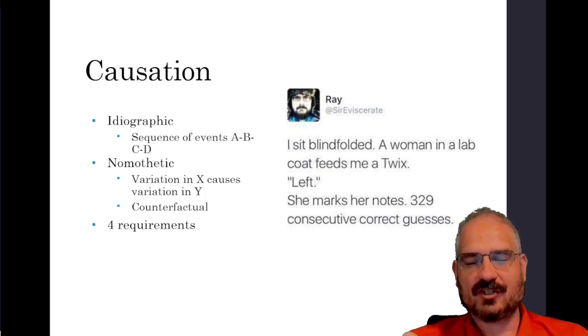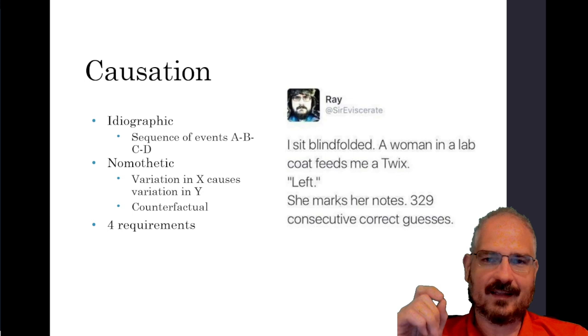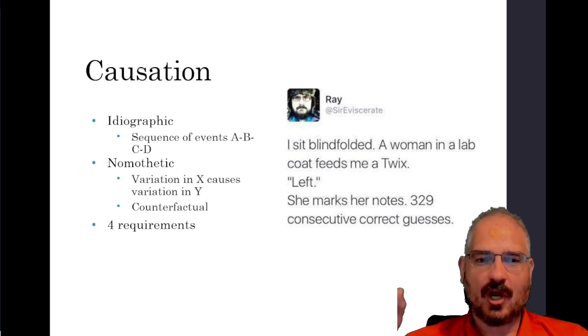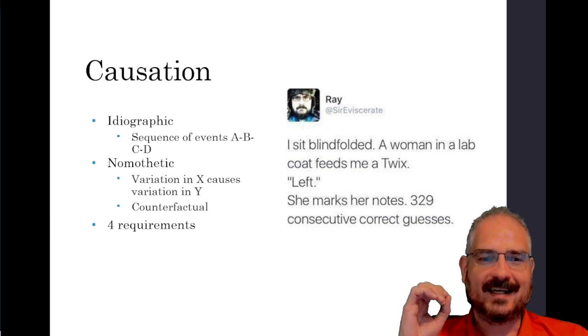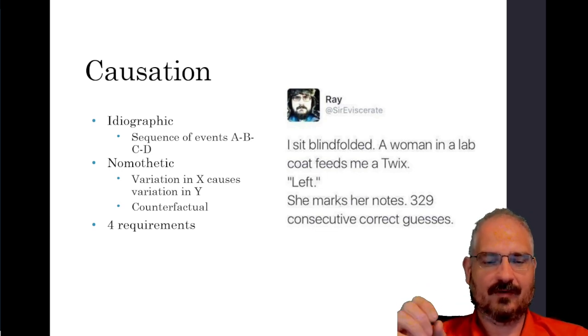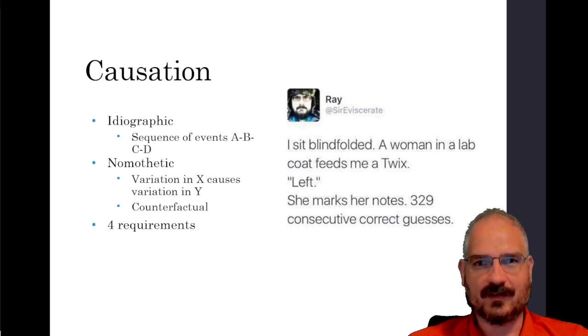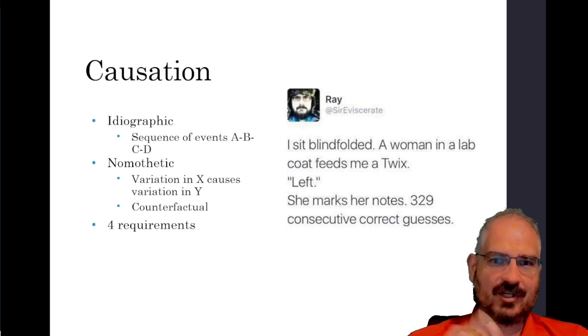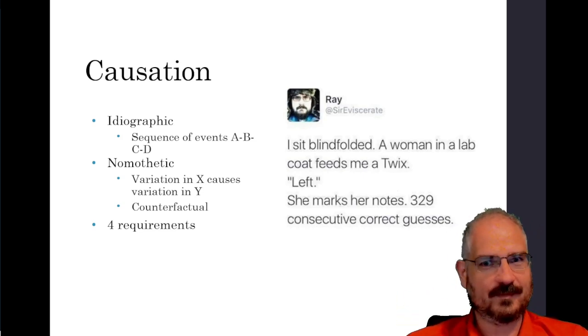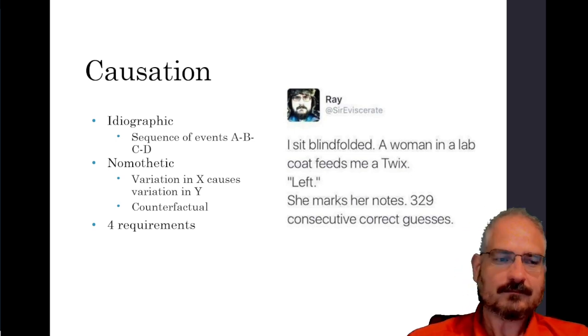Now, in normal conversation, if we say this caused that, we're talking about causation as an idiographic thing, right? And an idiographic idea of causation is that there's some sequence of events. A caused B, B caused C, C caused D. I cheated on my wife, and that caused me to get a divorce, right?